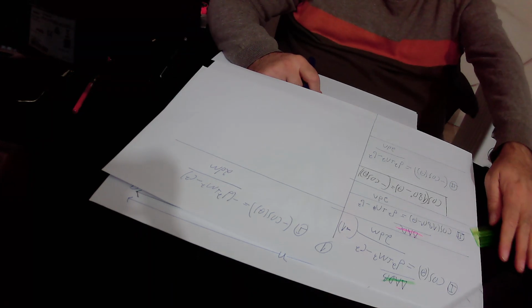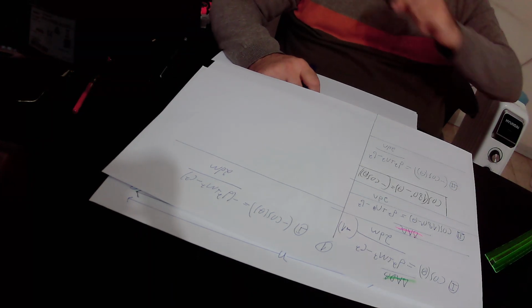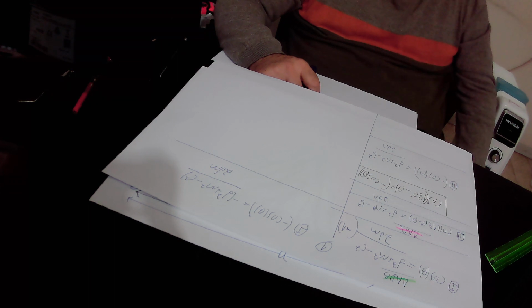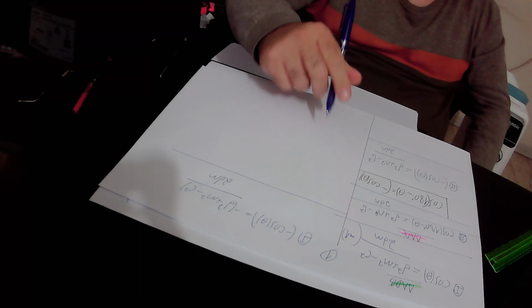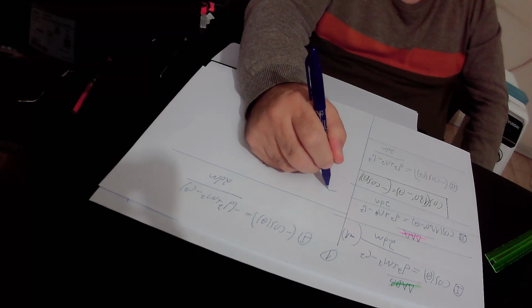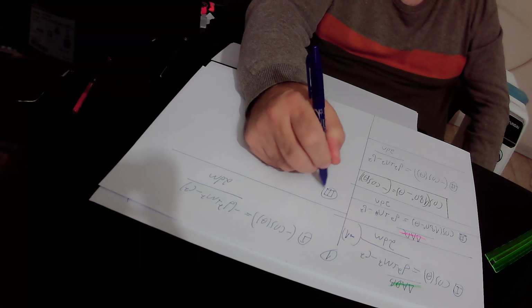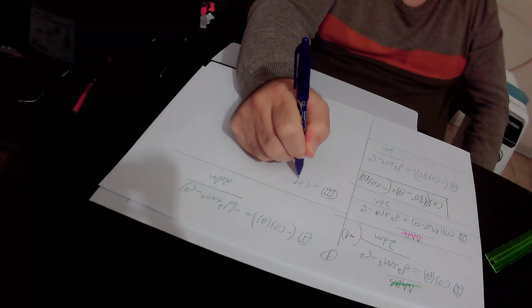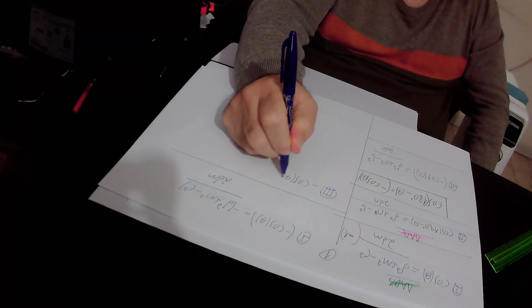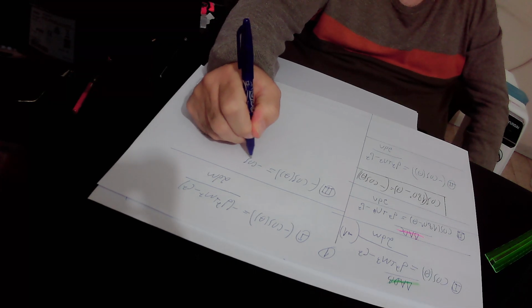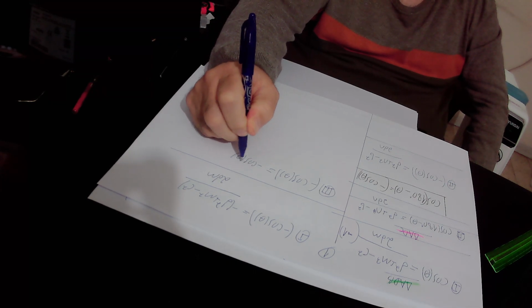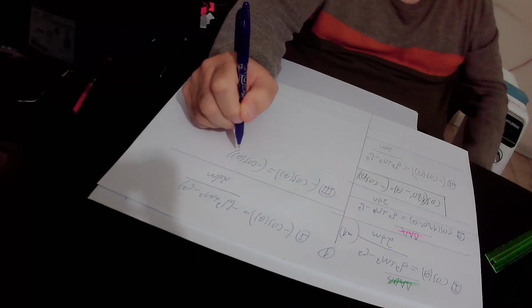So we have two expressions for minus cosine theta. And therefore we create equation number 3 that states that minus cosine theta according to equation number 1 must be equal to minus cosine theta according to equation number 2.